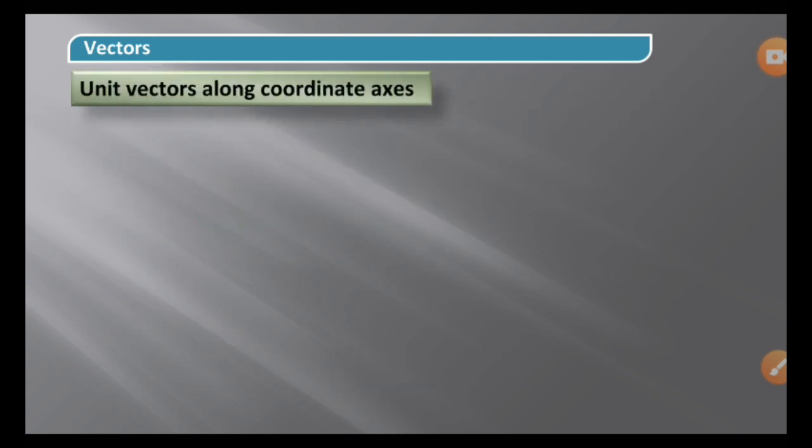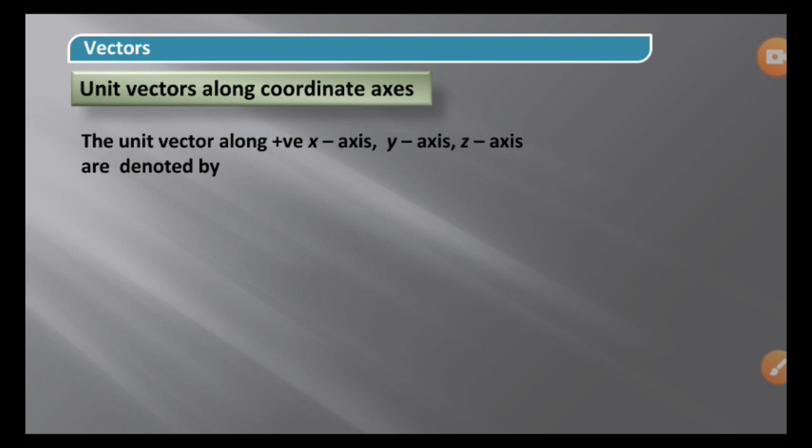Now we will consider unit vectors along the coordinate axes in space. The unit vectors along the positive x-axis, positive y-axis and positive z-axis are denoted by small i, small j and small k. These are the three unit vectors along the x, y and z axes respectively.